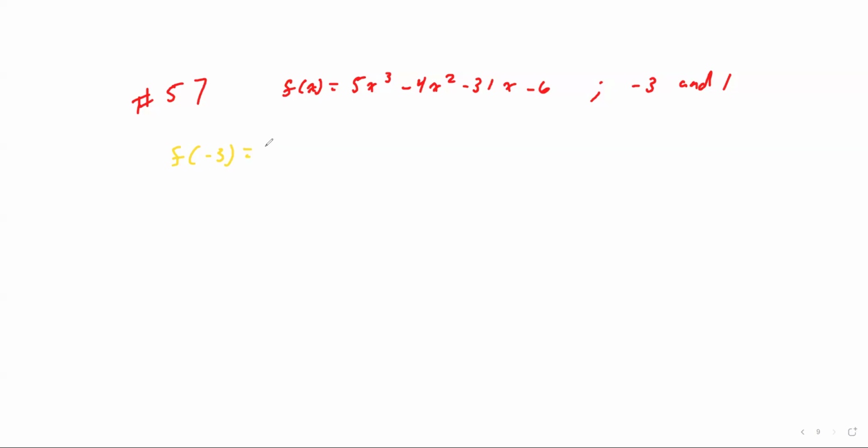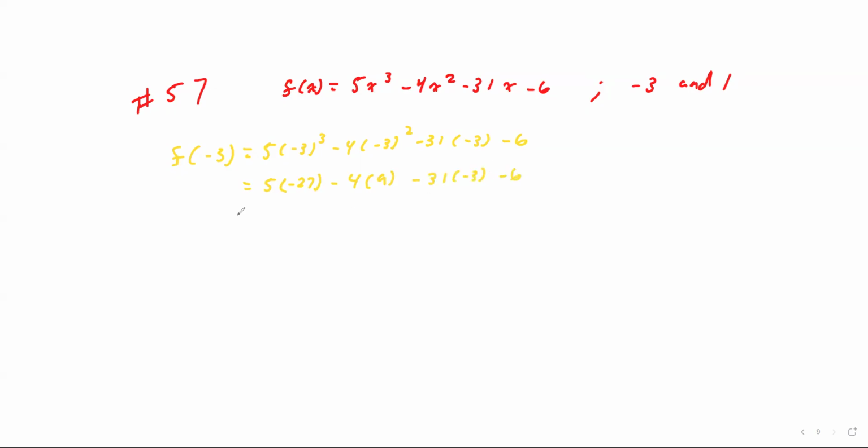So here we go. This becomes 5 times -3 cubed minus 4 times -3 squared minus 31 times -3 minus 6. So this gives you 5 times -27, that's -135. Then minus 4 times 9, which is minus 36, plus 93, minus 6.